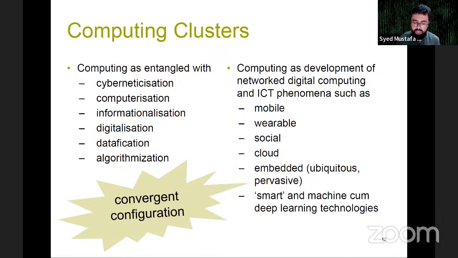In this connection, I suggest that such convergence points to a datified and algorithmized intensification of the cybernetic turn of the 1950s, rather than its displacement by something else, thereby indicating continuity through change.